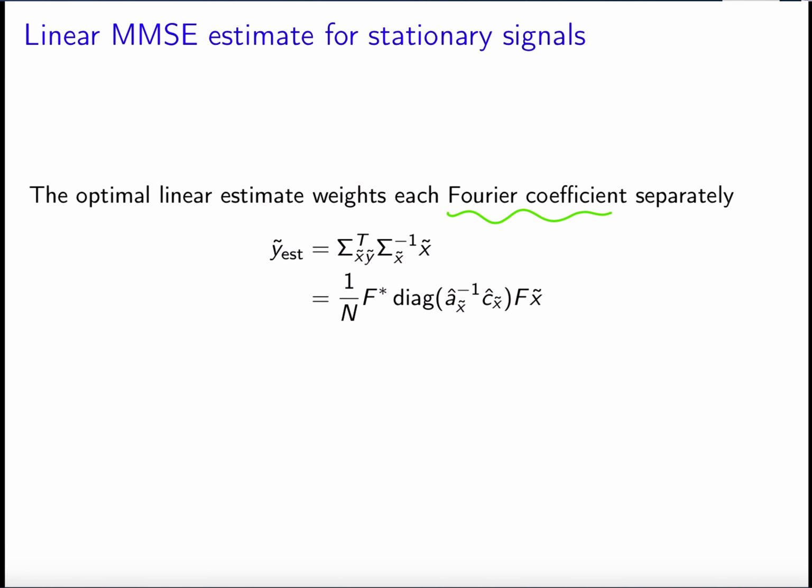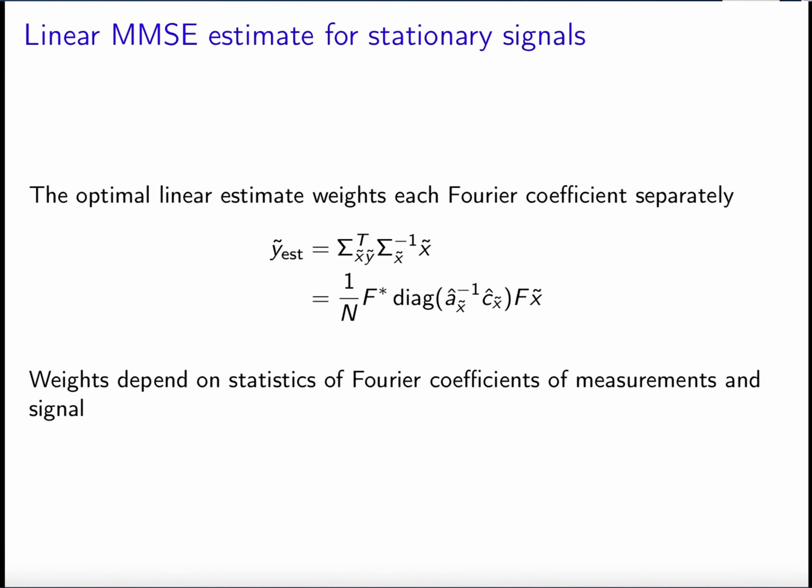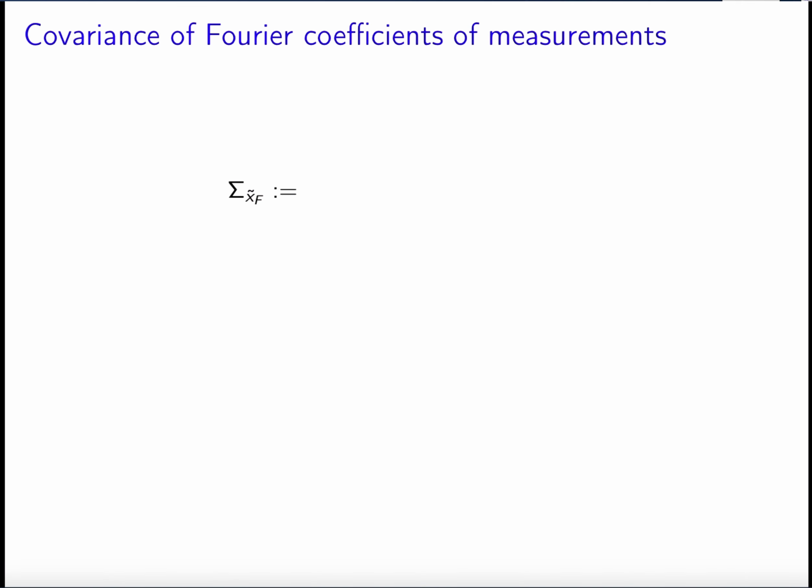Okay, and now we're going to justify this by seeing how the weights that we have computed, which depend on the DFT coefficients of the autocovariance and the cross covariance, depend on the Fourier coefficients of the measurements and the sector. So let's look at the covariance matrix of the Fourier coefficients of x.